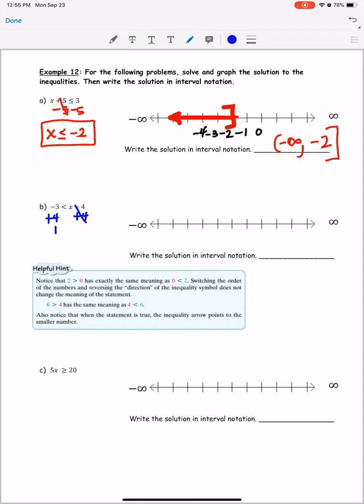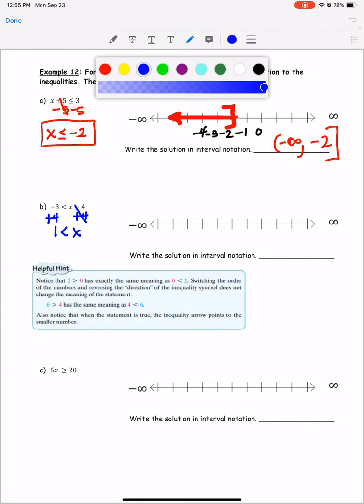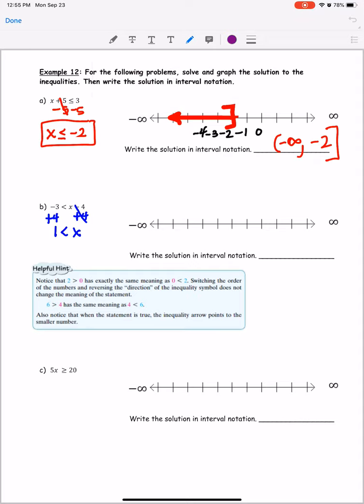So here, when I flip my x and my 1, you also have to flip this symbol to go the other way as well.